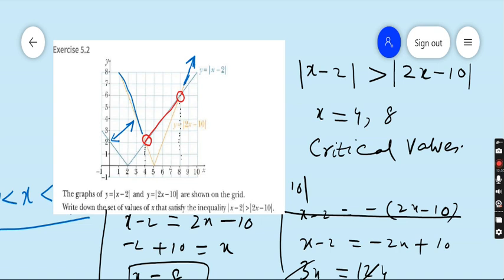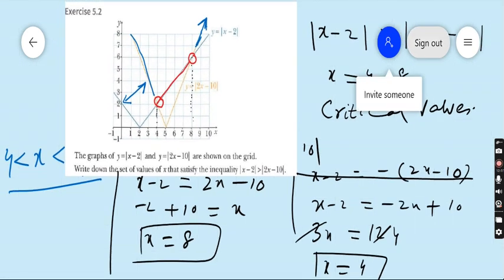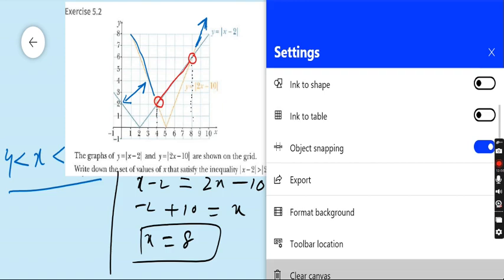Sorry, above the blue line. So only the red one is our required region, and I proved this with the help of algebra as well. So hope you completely understand question number 1. Now move to question number 2.